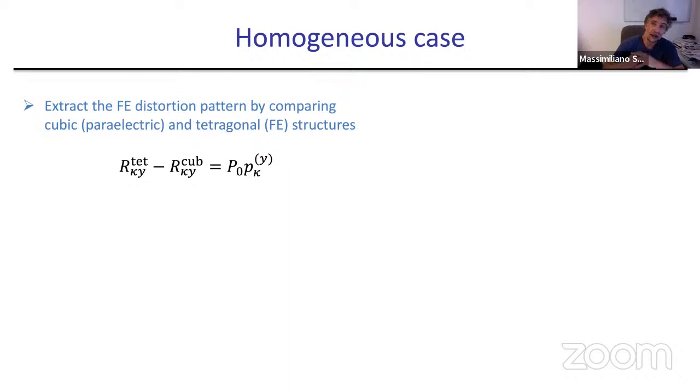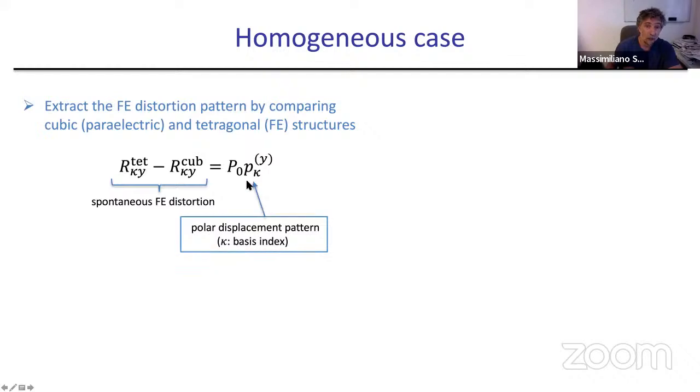To get the potential energy landscape of the homogeneous polarization, what you usually do is relax, in a first principles calculation, the tetragonal polar structure and the cubic structure, and then calculate the distortion, which is the difference between the atomic positions in the two cases, and from those extract some polar displacement pattern, which can be exactly equivalent to the distortion, but we allow for some P0, which is a scale parameter that decides the units in which we express our polarization.